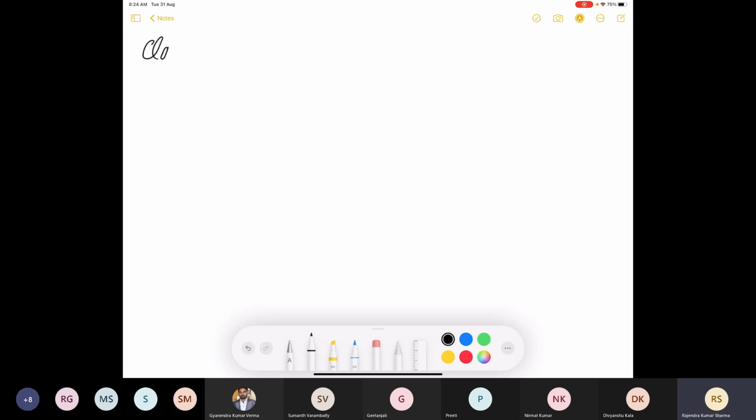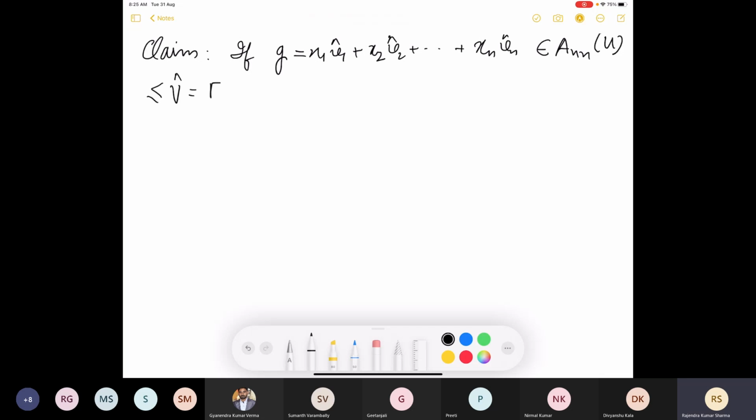So what we claim as such is the following: let g be x1 v1 hat, x2 v2 hat, and so on, xn vn hat. This is in V hat naturally. If this is an element in the annihilator of U, so this is a subspace, naturally we know it is of V hat. V hat here is the dual of Fn over F.